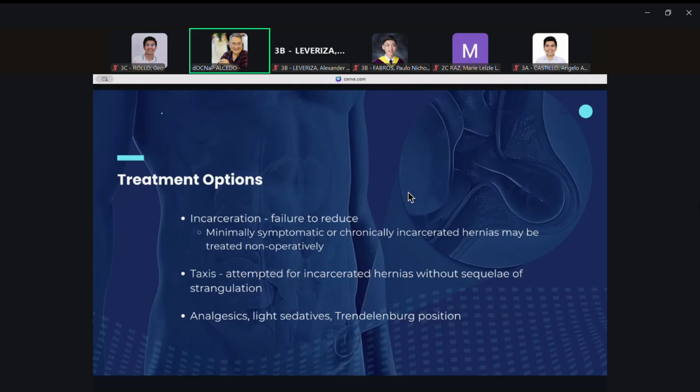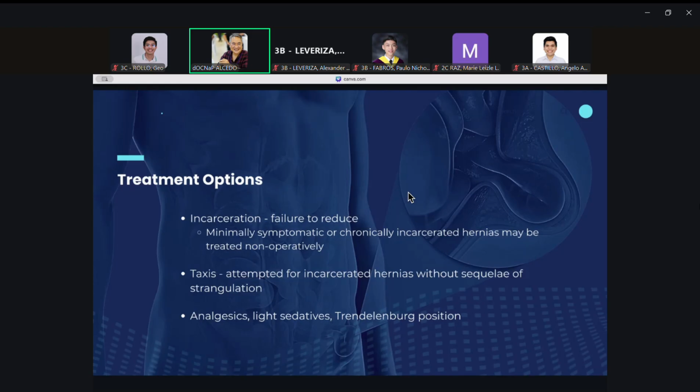Now, sometimes, depending on the organ that passes through the defect, they can be chronically incarcerated. And we're talking here, the most common is the incarceration of the omentum.